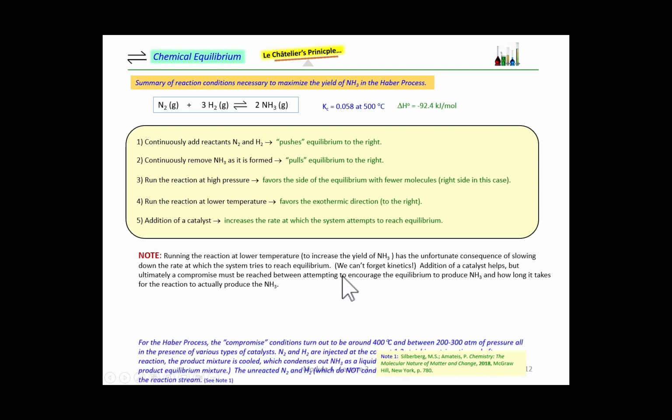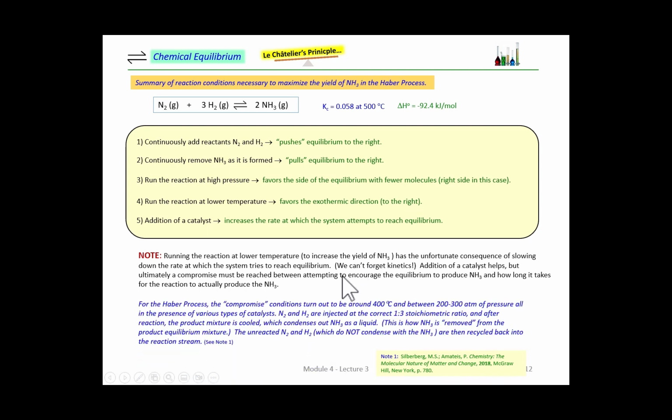Well, what are the compromises? For the Haber process, this compromise turns out to be running the reaction at around 400 degrees C and at fairly high pressure in the presence of various types of catalysts.